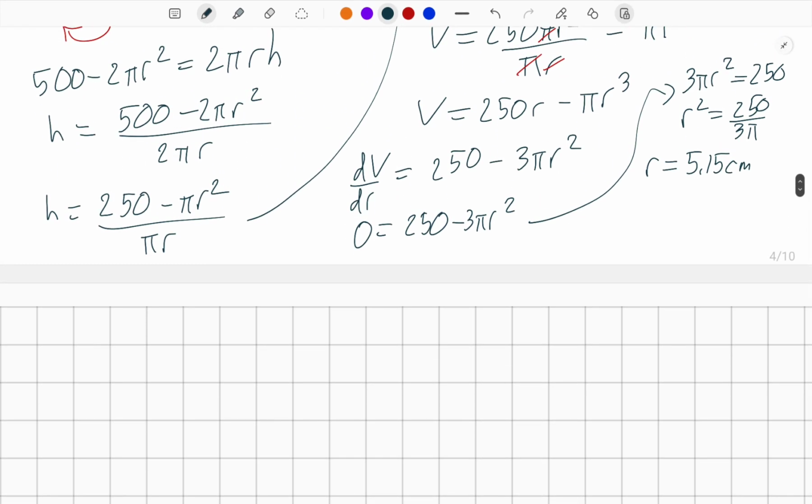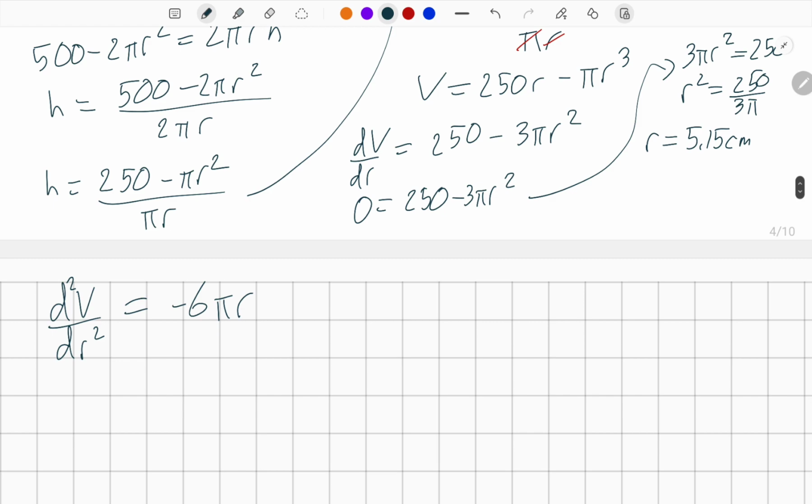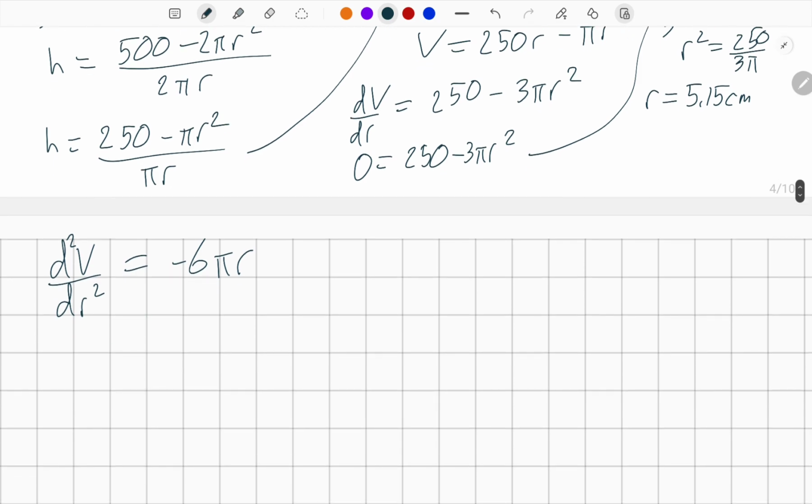Okay, so let's do the second derivative. So d squared V over dr squared is just going to be negative 6 pi r. And for the second derivative test, all you need to do is plug in 5.15 into that and just check the sign. So let's evaluate that at r equal to 5.15.